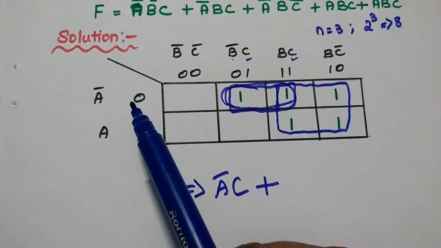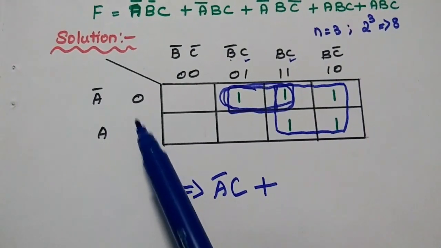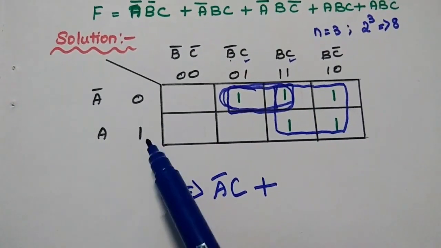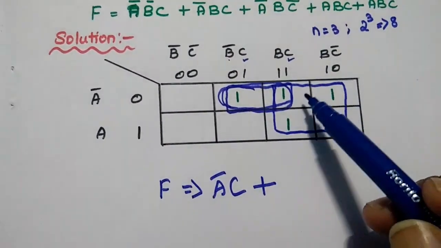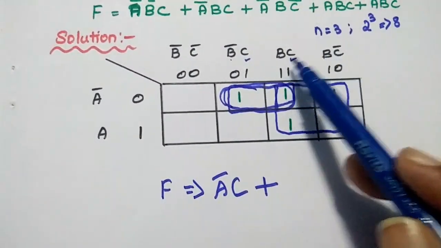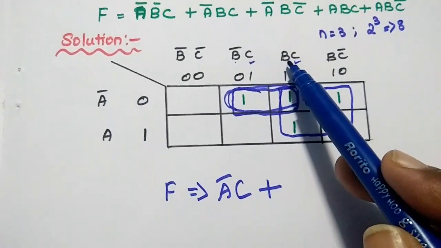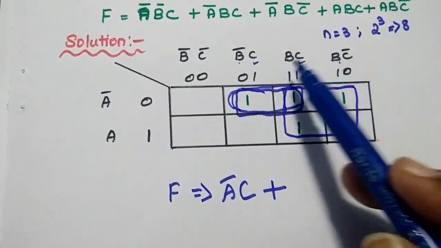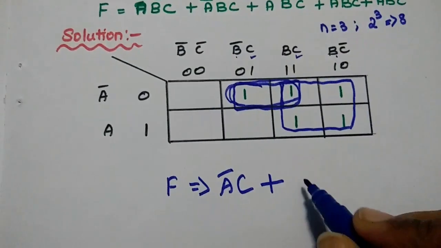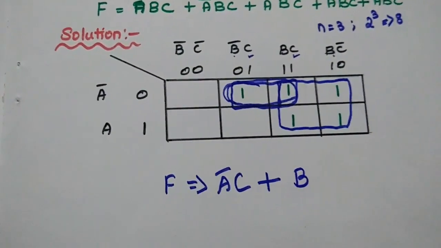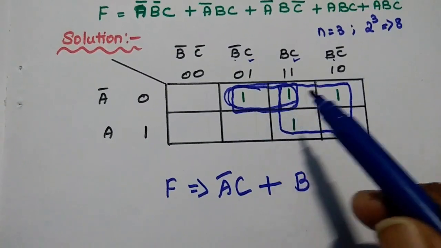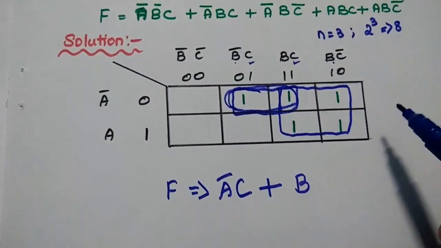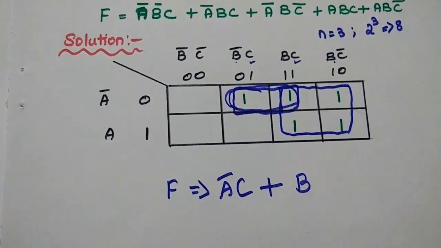It is A bar, A. So A bar plus A is equal to 1. So there is no common term. So we have to consider these 2 columns. So here B is common. Here it is C bar. So we have to consider only B. So this is the answer. So each group can be represented with its product term.